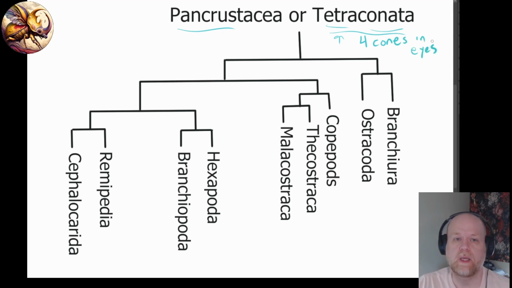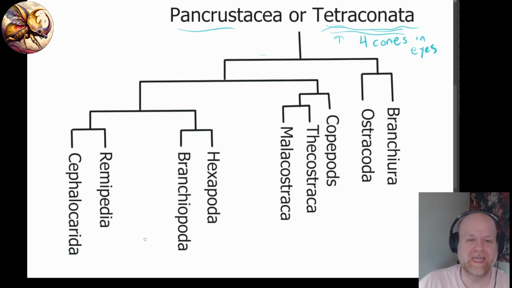Cone cells are what animals use to see color. Humans have three. All of these creatures have compound eyes, and all of them have four cones within the eye units, which are called ommatidia. So they're sometimes referred to as the Tetraconata, and honestly that is probably what they should be referred to, and not the Pancrustacea.